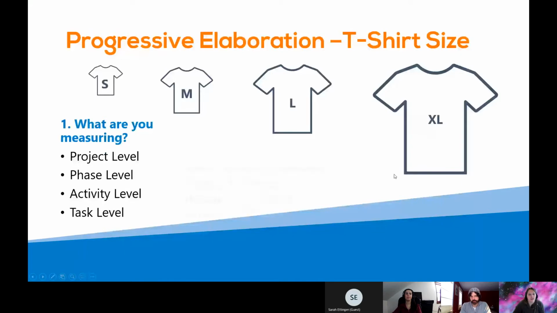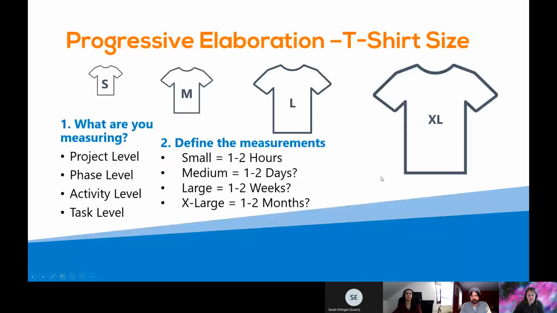The next thing to do with the t-shirt method is to define the measurements. So what does small equal? What does medium equal? What does large, extra large? It depends on if you're doing a project versus a task. Oftentimes this t-shirt method I will use with a team or with a company that's doing, for example, annual planning, and they have all of these different ideas and they're trying to come up with a budget and trying to come up with, okay, what are we working on first, etc. We start, here's the list of everything that we need.